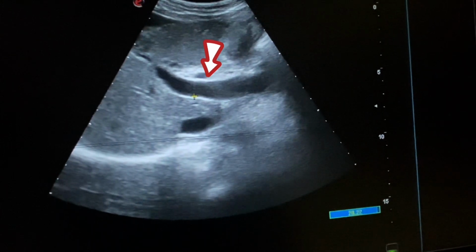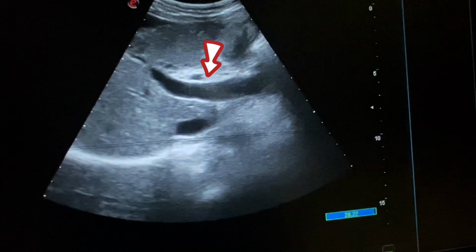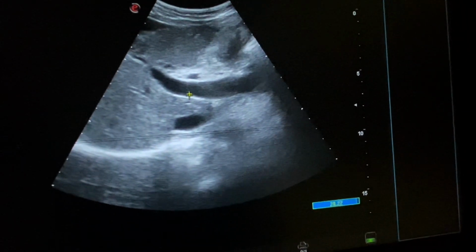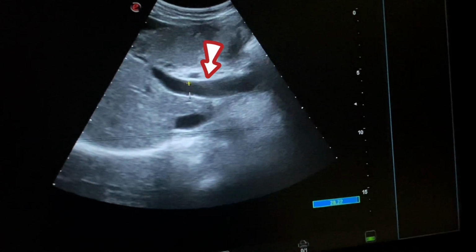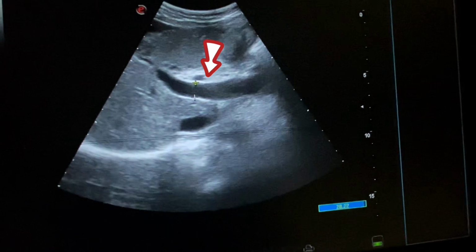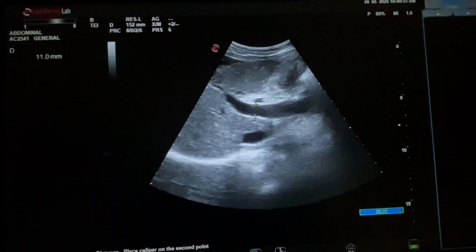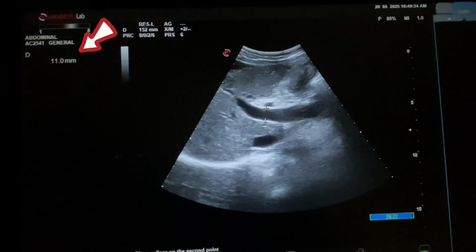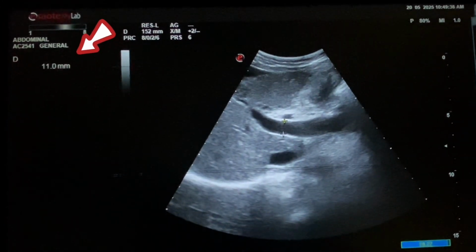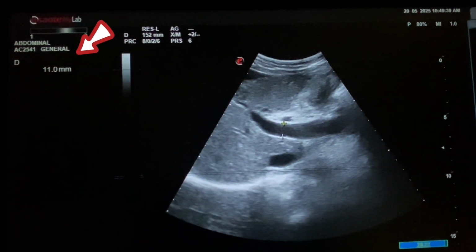Then we can easily locate the portal vein and common bile duct. Now we will measure the size of the portal vein. The size of the portal vein is 11 millimeters, which is normal. The normal size of the portal vein is up to 12 millimeters.